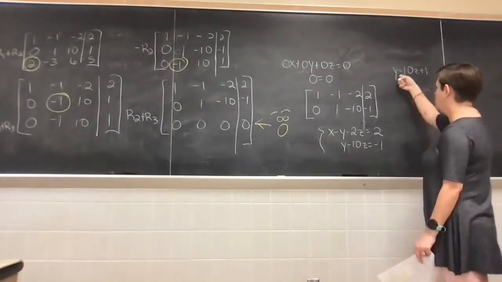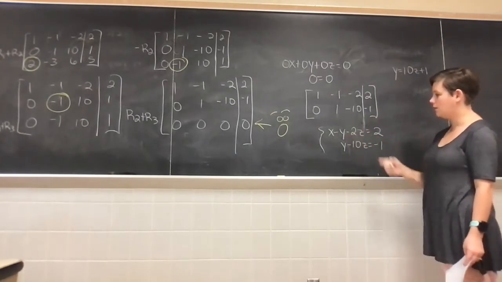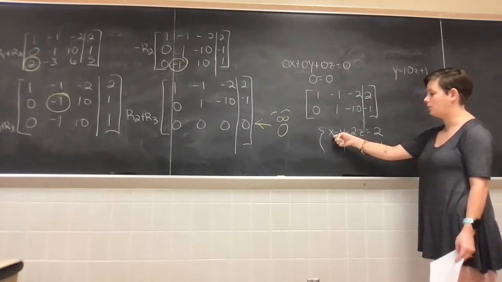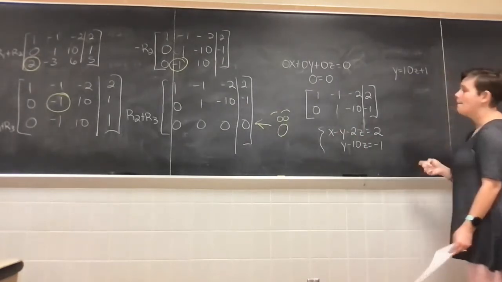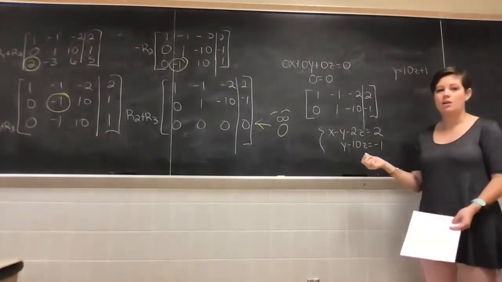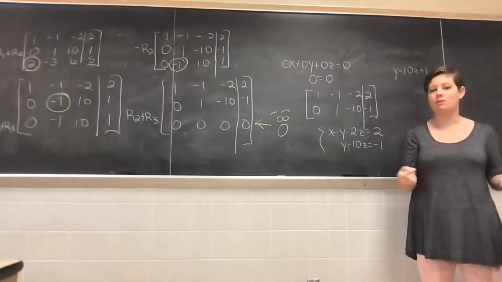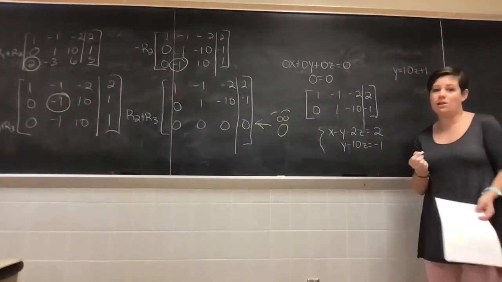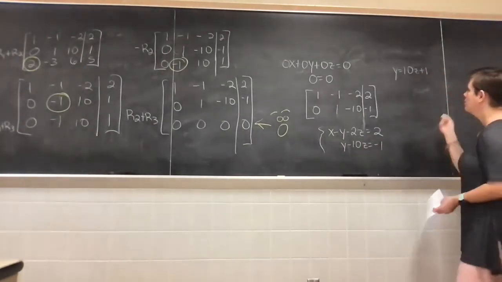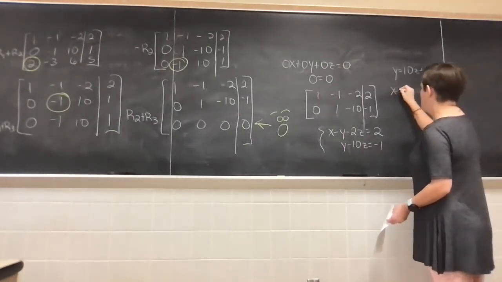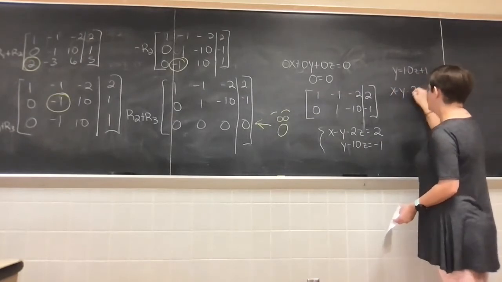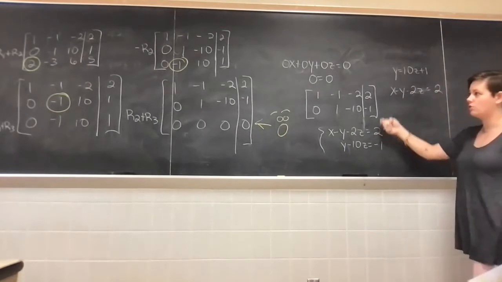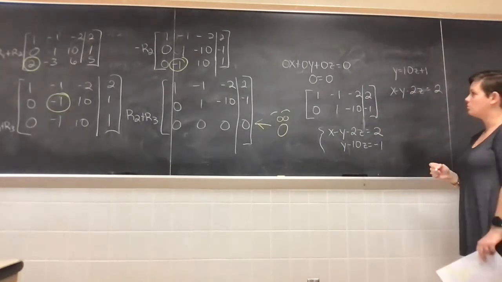Now that I have a value for my y, I can plug that in here and figure out what my x is in respects to z. Basically, instead of getting numbers, we're going to get everything with respects to z, so that once we know what z is, then we can figure out everything else. So I have x minus y minus 2z equals 2. That's what the top line of my matrix was.